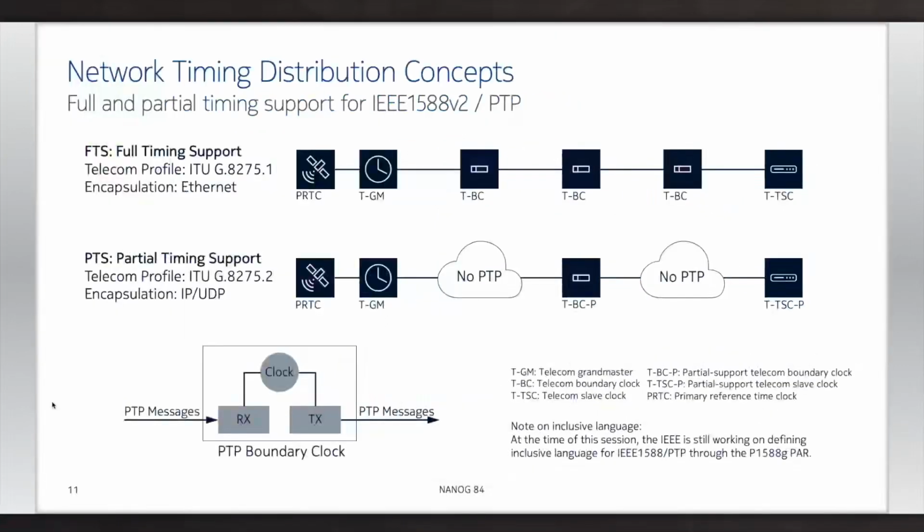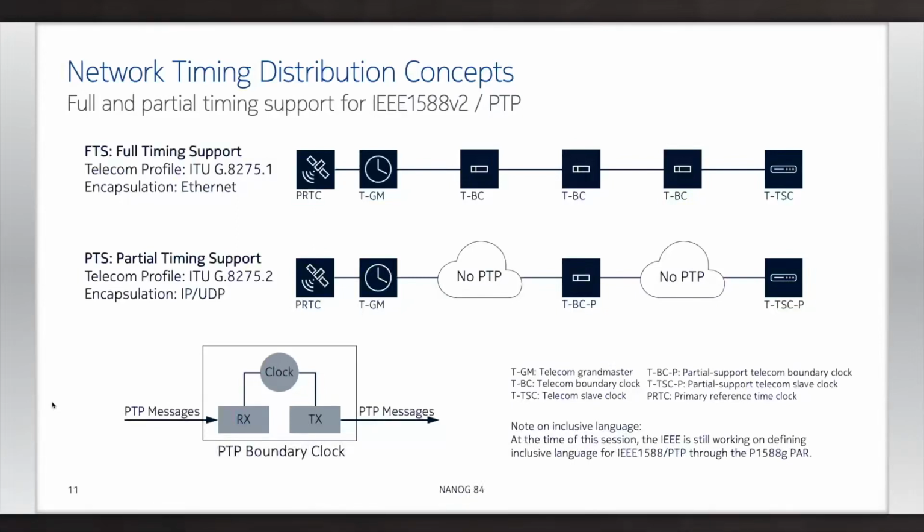The two main telecom profiles are G.8275.1, and by the way, those profiles are defined by the ITU, not by the IEEE. G.8275.1 is for full timing support, so sometimes you're going to see FTS as the acronym. That means that all nodes across the path must support timing capabilities, or must support PTP.